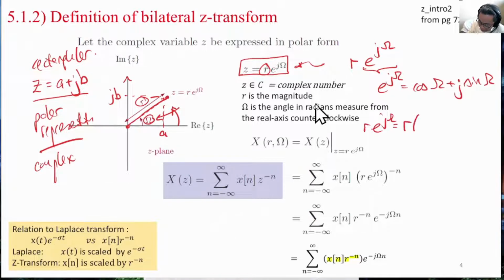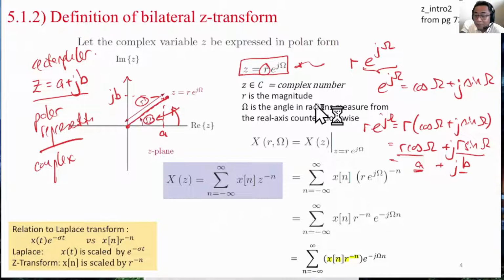It's nothing but r(cos ω plus j sin ω), which equals r cos ω plus j r sin ω, and this equals a plus jb. Therefore, a is r cos ω and b is r sin ω. So this relates the rectangular to the polar representation.